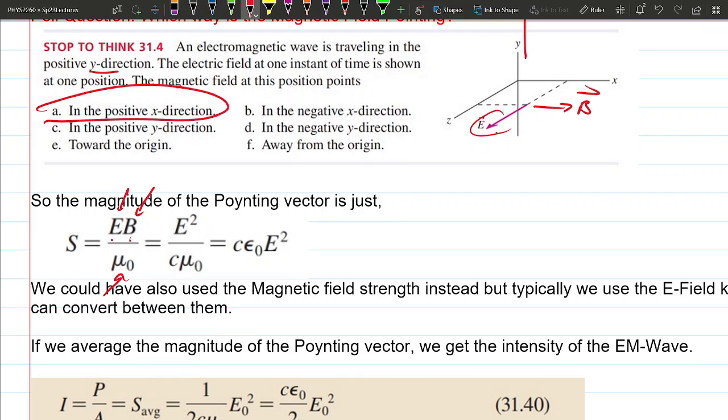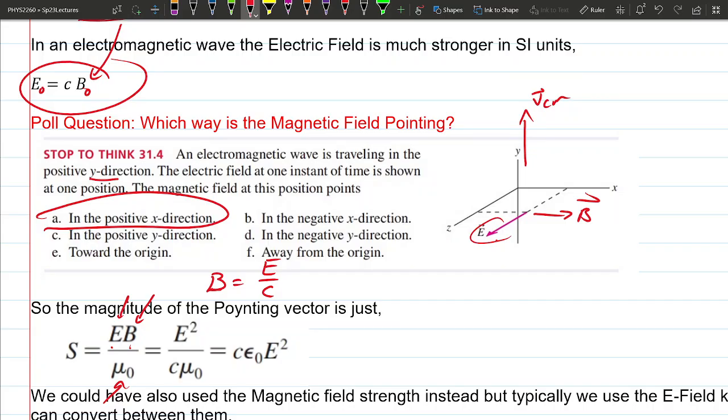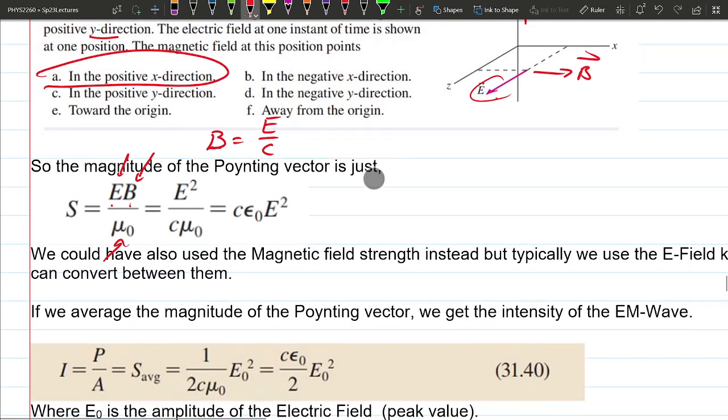But we know that the magnetic field is equal to the electric field divided by the speed of light, which came from up here. So we can replace the magnetic field, and you end up with E squared over c divided by mu naught.